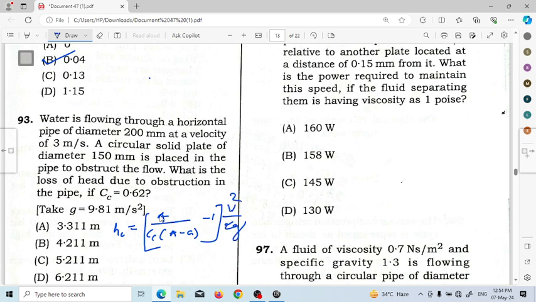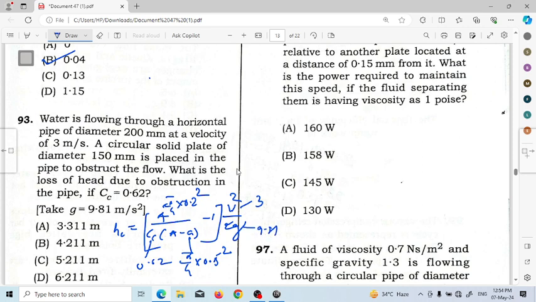So putting in the values, capital A is pi by 4 into 200 mm converted into meter, 0.2 meter square, and small a is the solid plate diameter, pi by 4 into 0.15 square, and Cc given 0.62, velocity given 3 and g given 9.81.